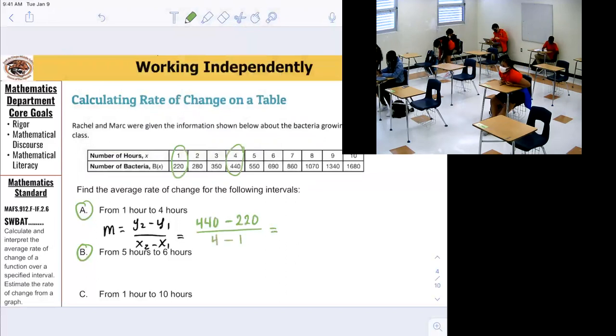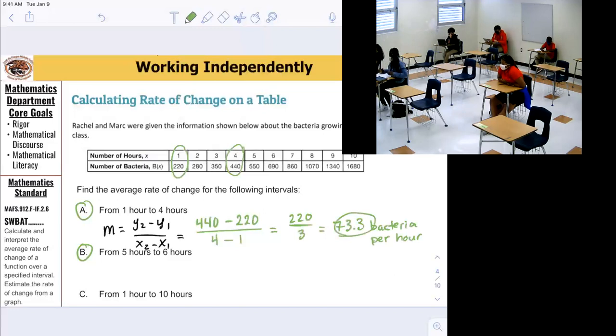All right, what's 440 minus 220? 220. 4 minus 1 is 3. So when I divide, I get 73.3. Good. And what are my units? What am I measuring? The amount of bacteria. Bacteria per hour. Good.